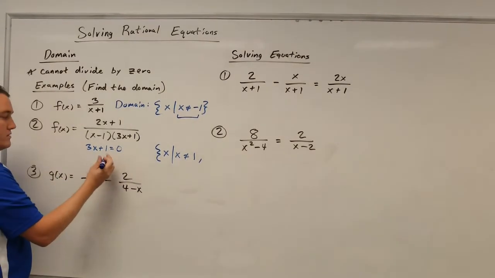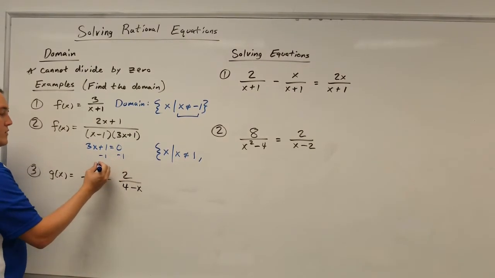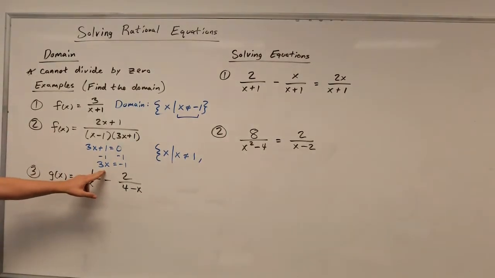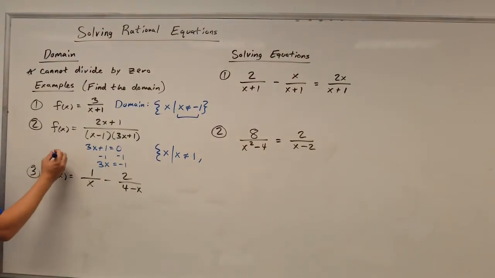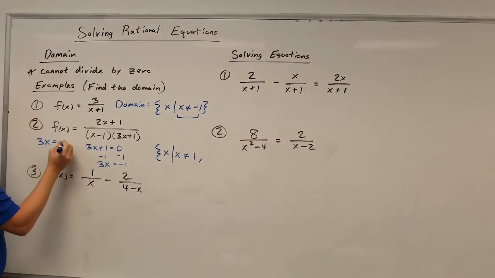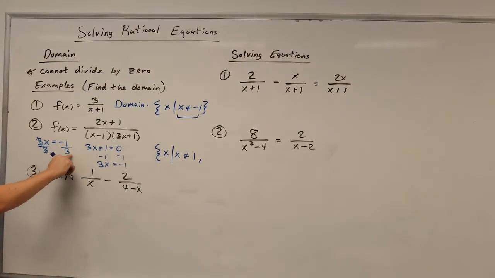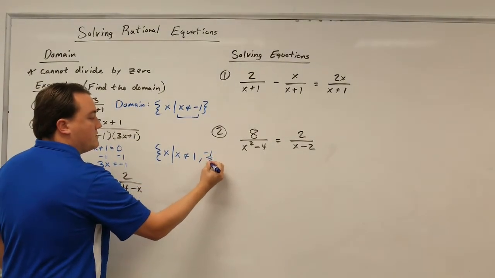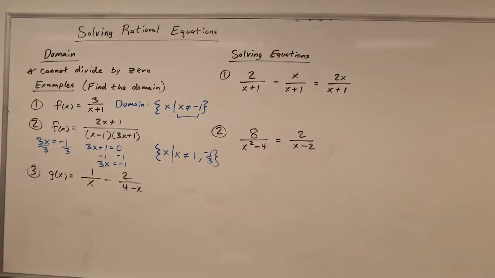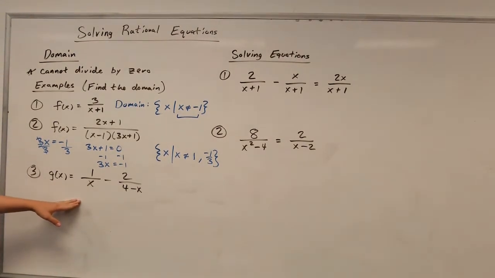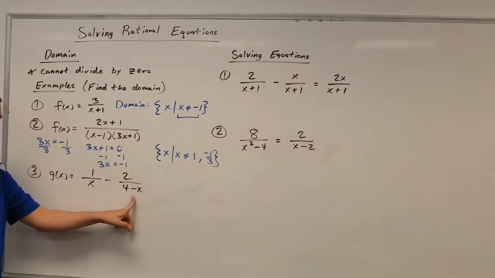So we would minus 1, we'd get 3x equals negative 1, and then we'd have to divide by 3 on both sides. x equals negative 1/3, but we're going off of this, so we can put negative 1/3 in here. And that would be the domain of that one. This one is a little bit easier than that. Okay? So our domain here is based off the two bottoms.